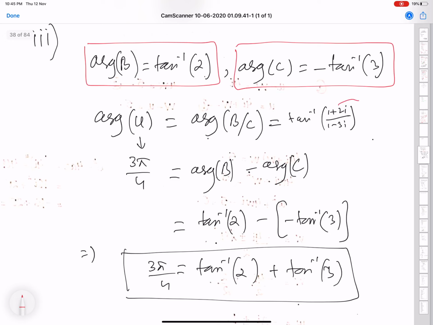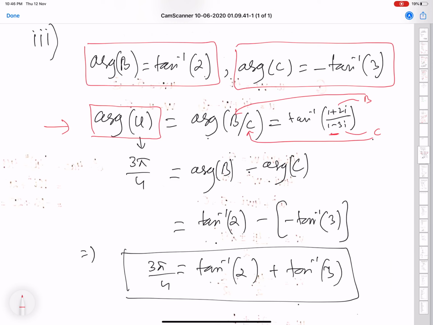This is complex number B and this is complex number C. That is why I wrote B here and C here. And this is U. That is why I wrote argument U here. Make sure you understand this step carefully.